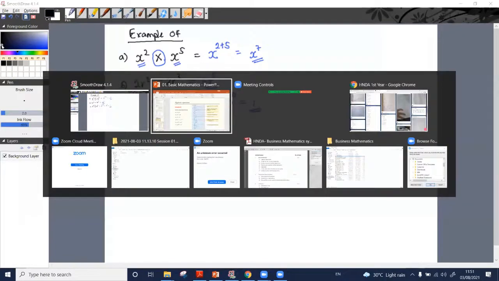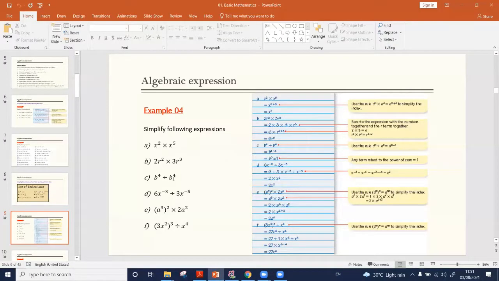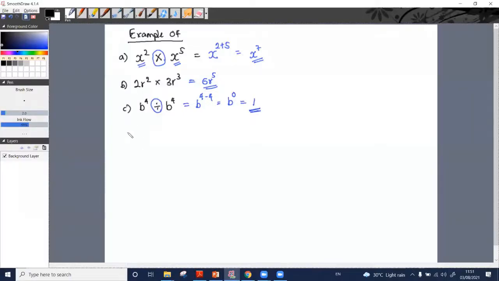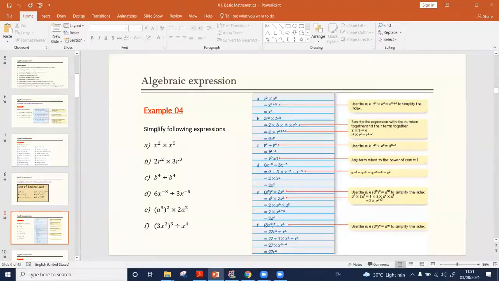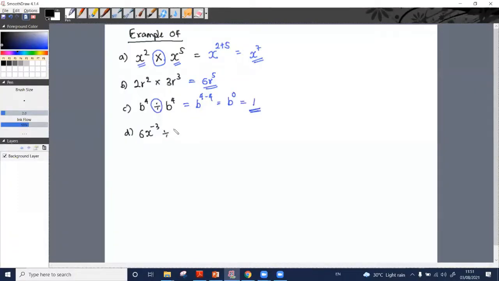Then, the fourth one, 6x to the power minus 3 divided by 3x to the power minus 5. How can we simplify this one?